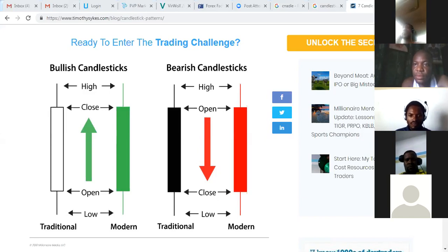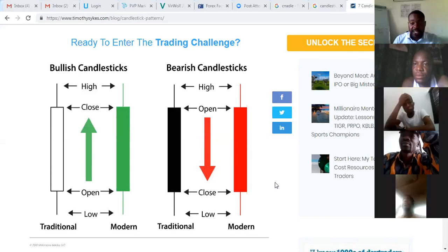And the second most important thing about candlesticks, the first, like I said, is that every candlestick represents a time period. And the second is that every candlestick contains 4 vital pieces of information.